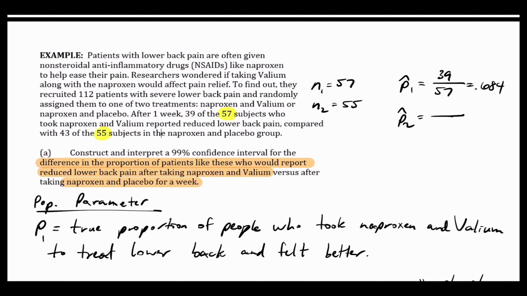And then placebo and naproxen was 43 out of 55. So 43 divided by 55, I get 0.782. How'd you get 82? 43 divided by 55. Oh, about 42. Okay.